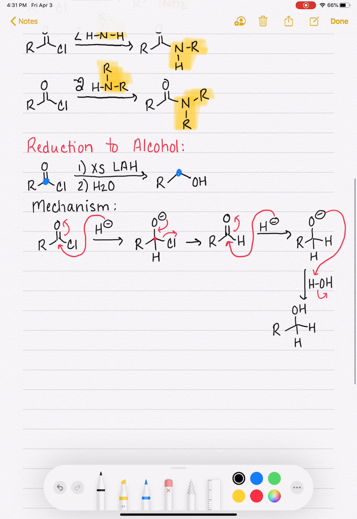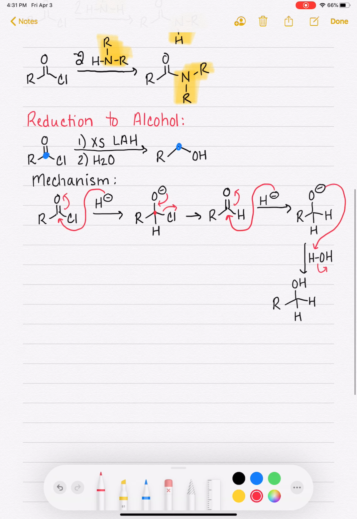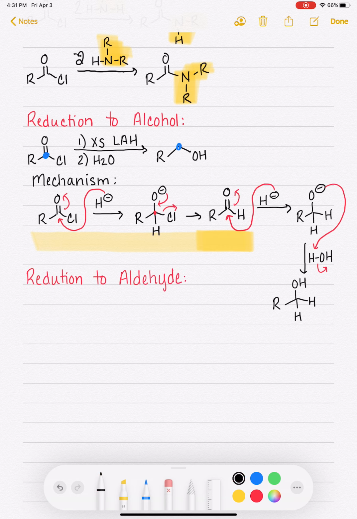It is possible for us to reduce an acid chloride to an aldehyde, like if we only wanted it to go this far and stop and not continue. We can do that, but we have to use different reagents for that process. For the reduction to an aldehyde, the reducing reagent that we use for this is awesome.